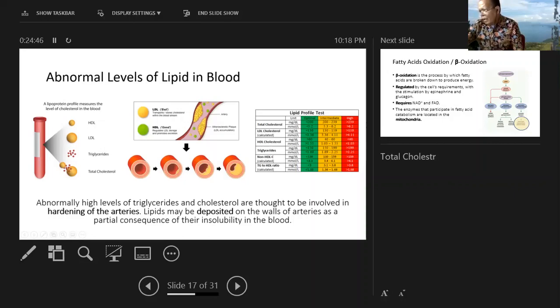For triglyceride it's less than 150, and for high it's about 200, I mean more than 199.